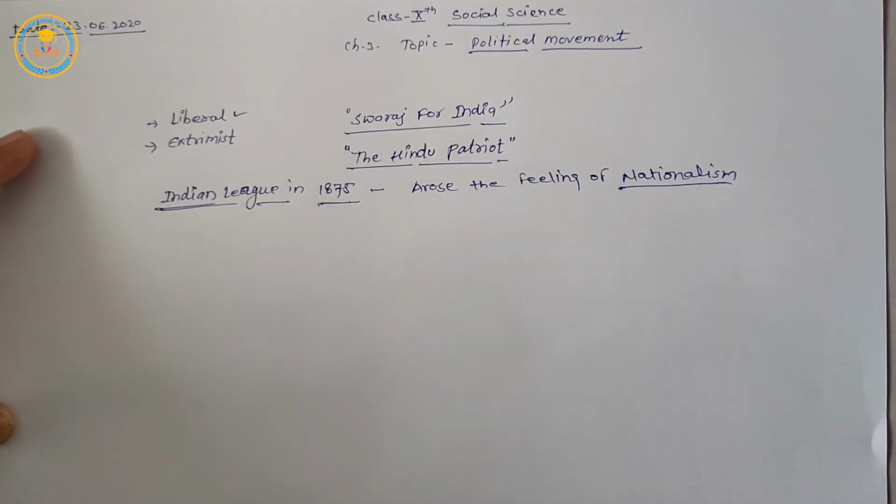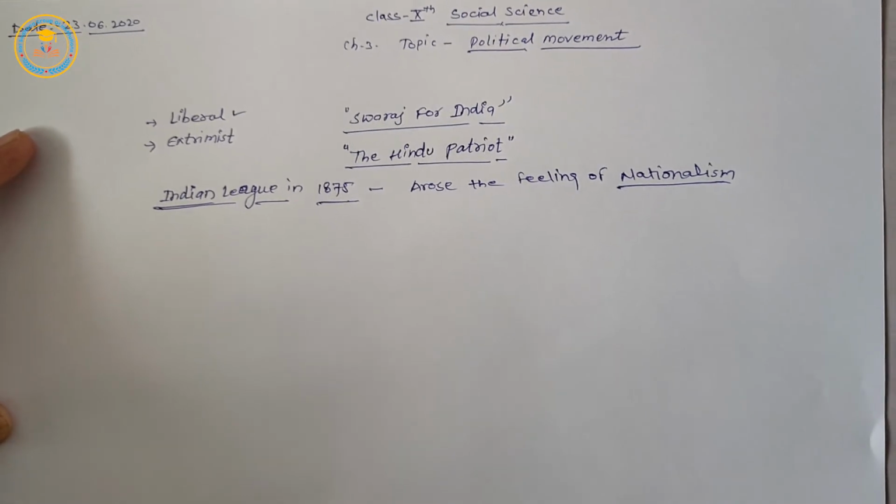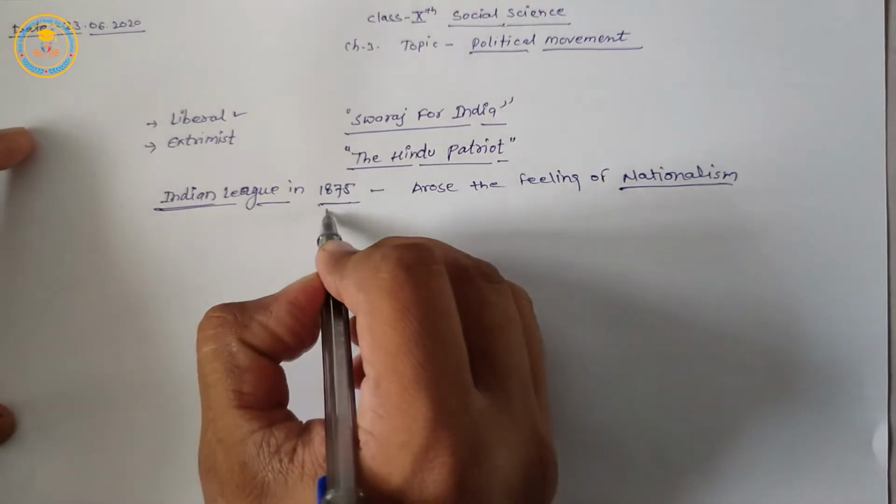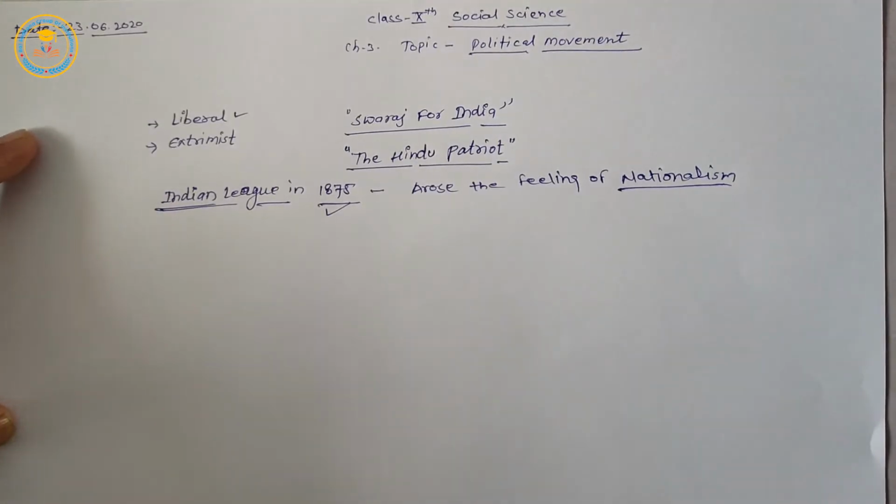The Indian League was the first political organization made by the scholars and intelligent people from Bengal in 1875 AD.